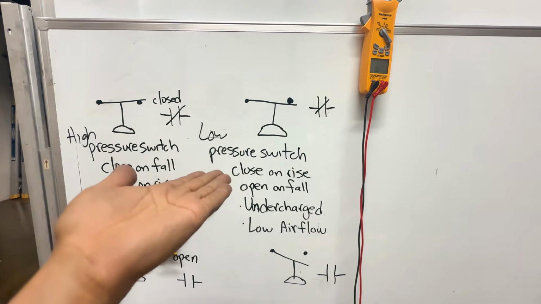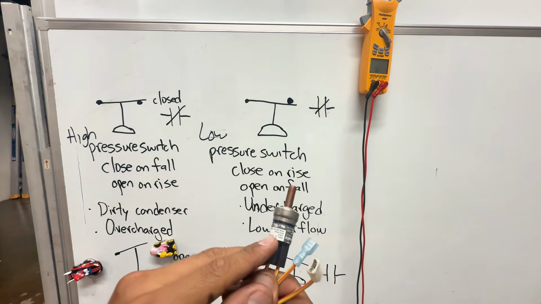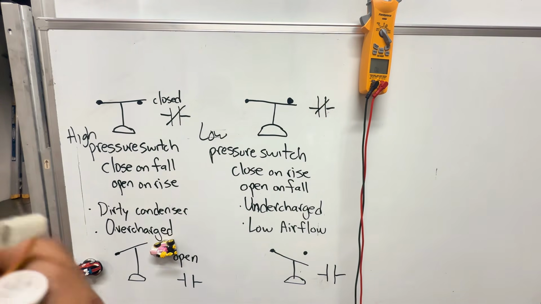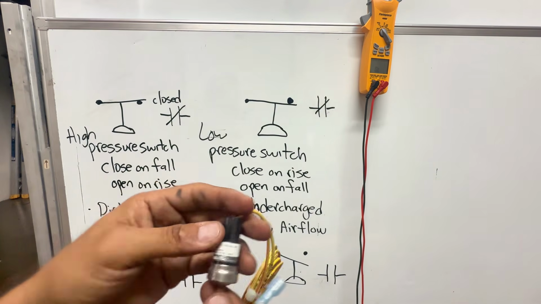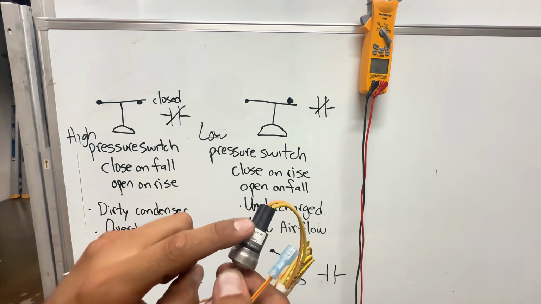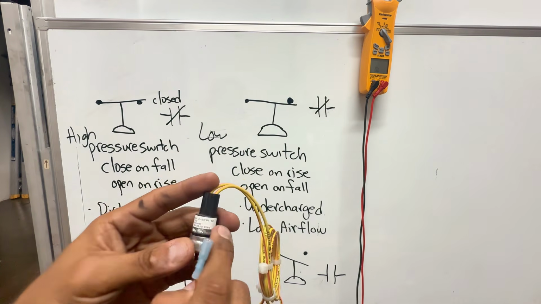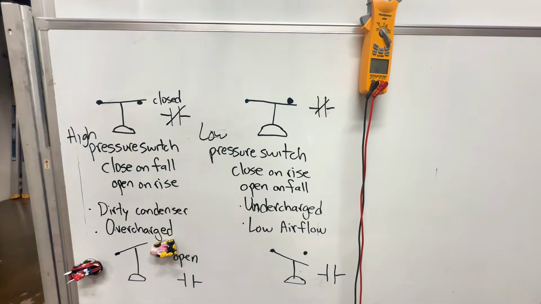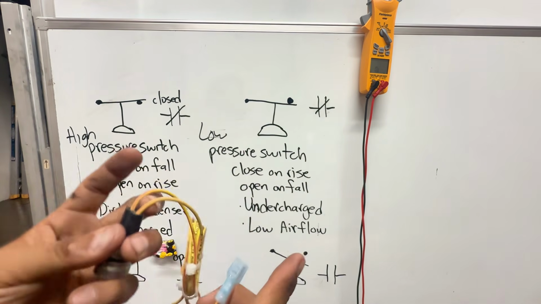And how would that pressure rise? And keep in mind, these do have a number, I believe. This one here, it's 550 or 650 PSI. So let's say it's 650 PSI or 600, whatever it's rated, and you gotta read it. If that pressure goes really high, it opens to protect the system.